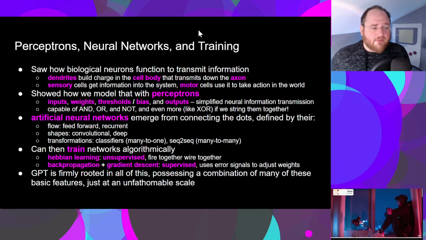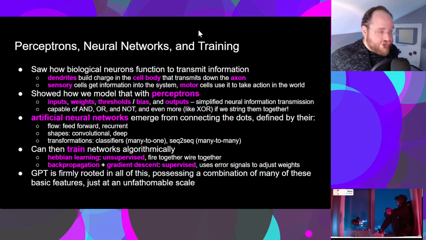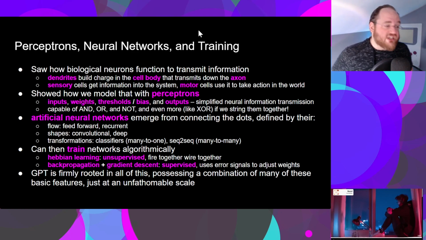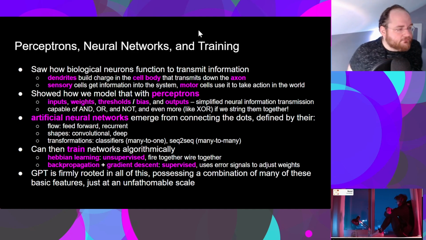This is a simplified representation of neural information transmission. It's capable of, at base, using just some weights and thresholds and biases, AND, OR, and NOT, and then when we start stringing them together, we can get more complex things like XOR, or maybe like GPT or something, right?